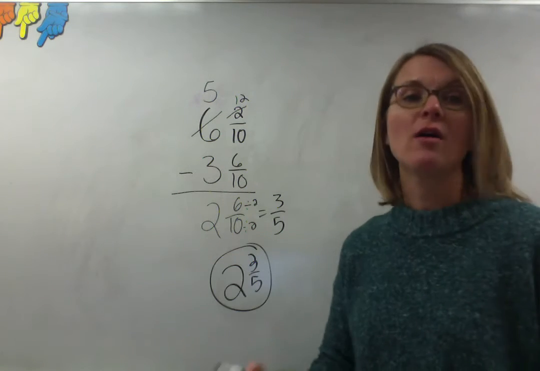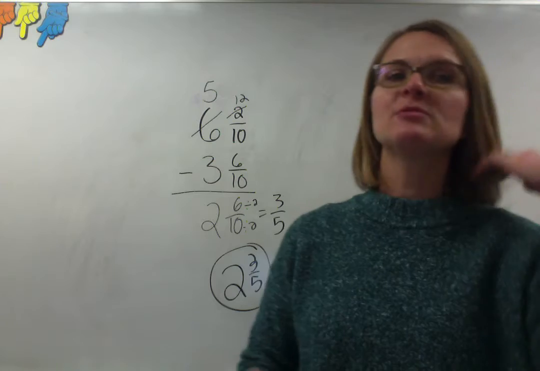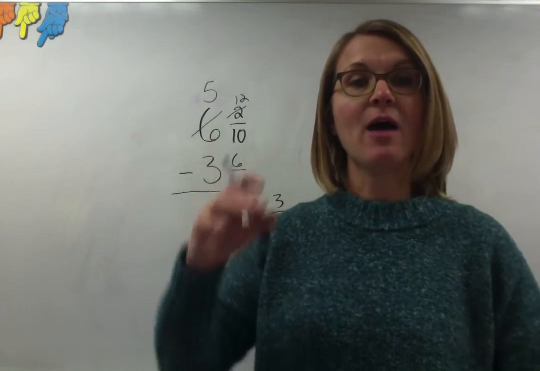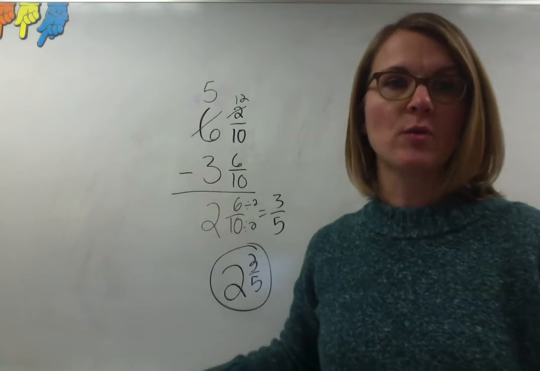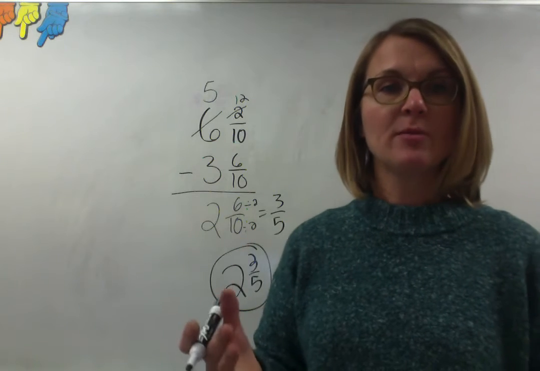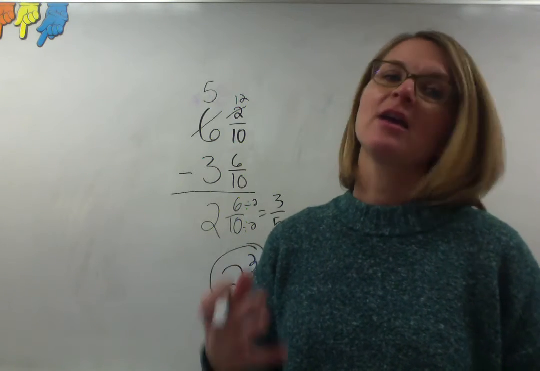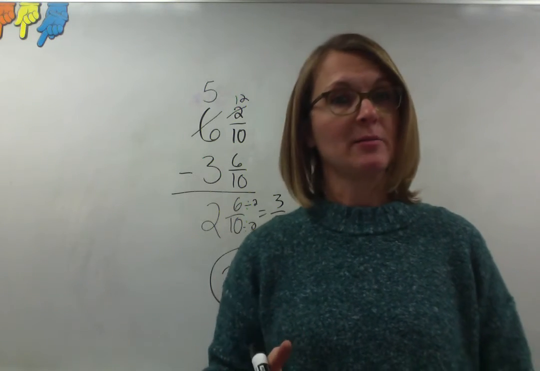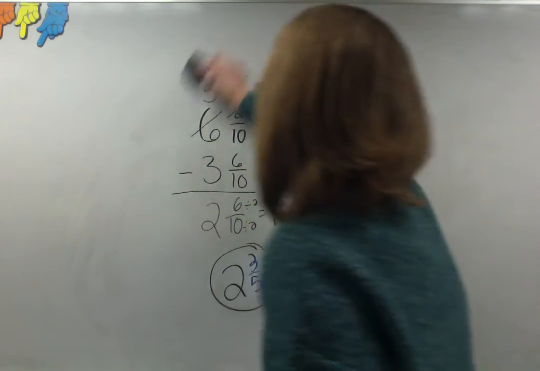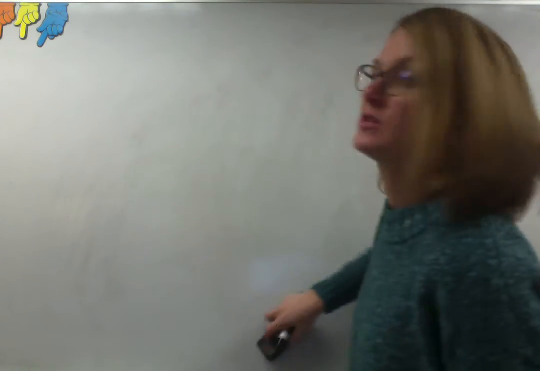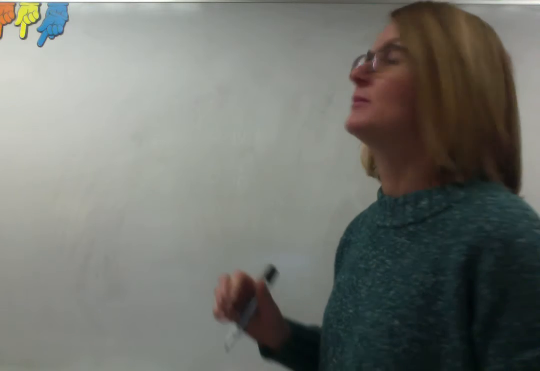So those are kind of all our steps put together. So now I'm just going to show you a couple examples of how to borrow without going through all this work. Make sure you remember, before you can do anything, your fractions have to have the same denominator, okay? So just to keep it easy, I'm going to use some examples with the same denominator.